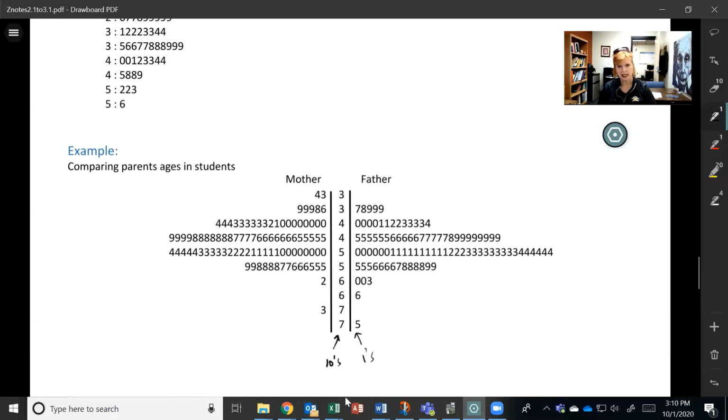And again, I can see the shape of the graph: for the fathers, the most common ages are between 50 and 55 years old. And for the mothers, they have an equal amount between 45 and 50, and 50 and 55. Those are the ones that are most common.